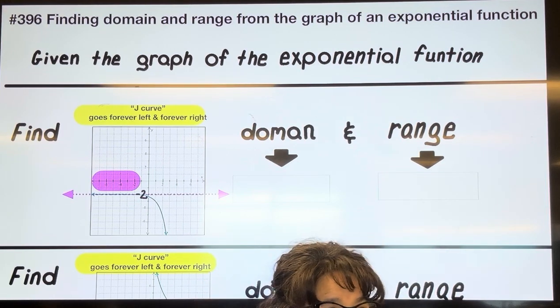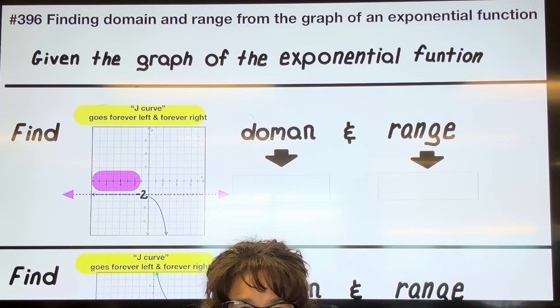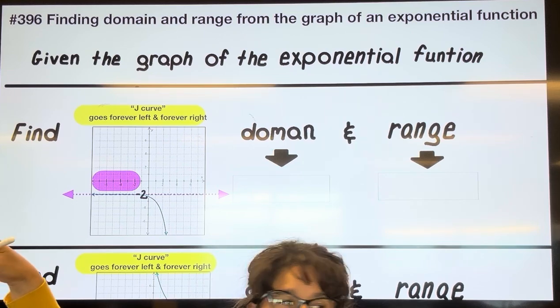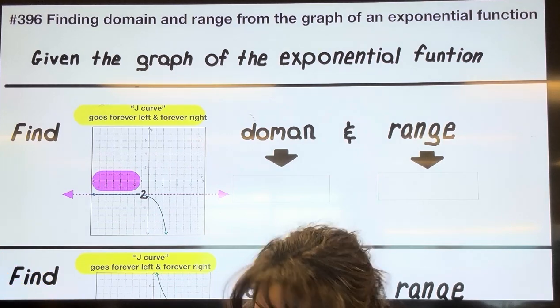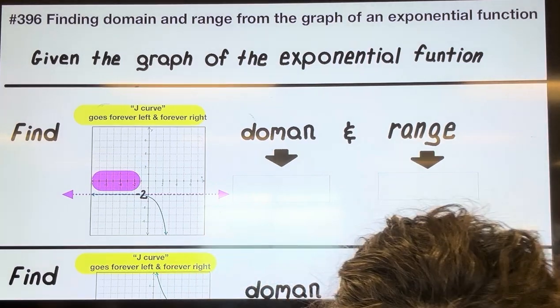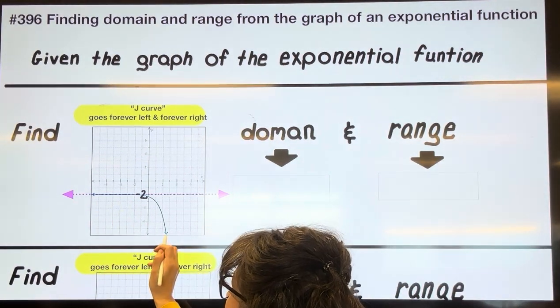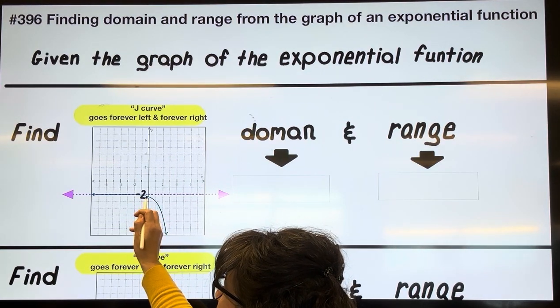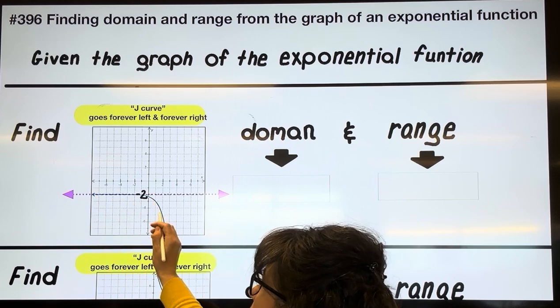In every single exponential equation, aside from the fact that it sort of resembles a J, it follows along a horizontal asymptote. In this particular one, it's this purple line right here. This curve is drawing really, really close to the purple line as I move to the left, and then it's going down.